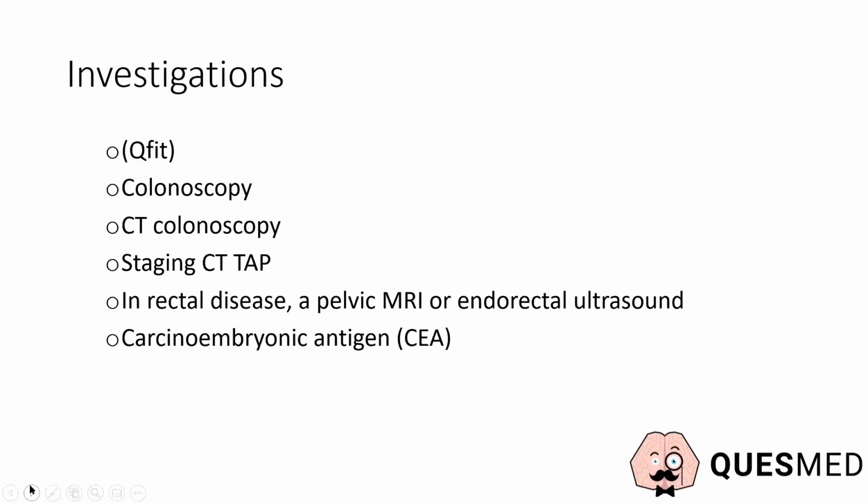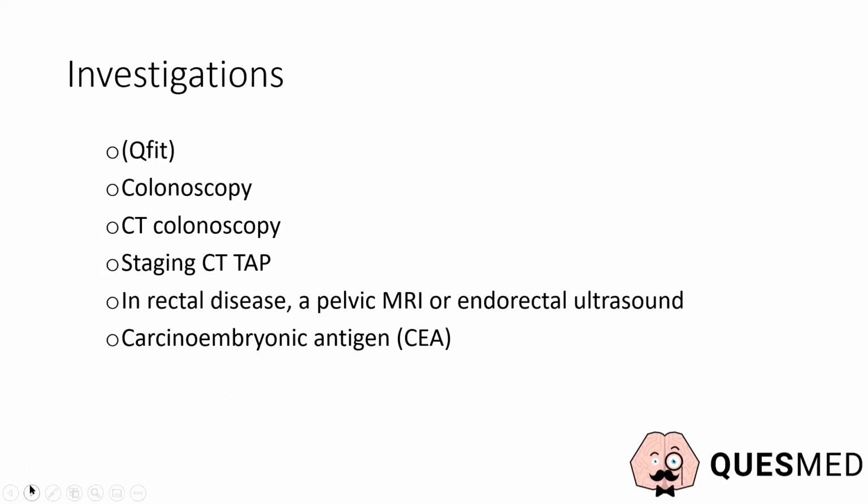For patients who can't tolerate a colonoscopy because it's quite an uncomfortable procedure, you could consider CT colonoscopy or CT colonography. However, it's not as useful as a colonoscopy itself. In rectal disease, you can request a pelvic MRI or endorectal ultrasound just for more information. CEA is not a diagnostic tool, but it can be used to monitor therapeutic response to interventions.